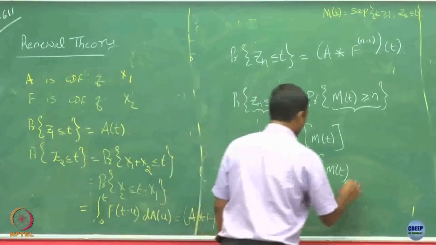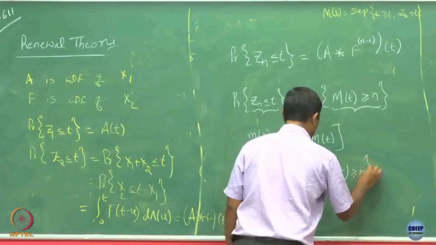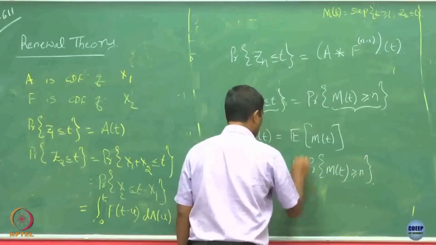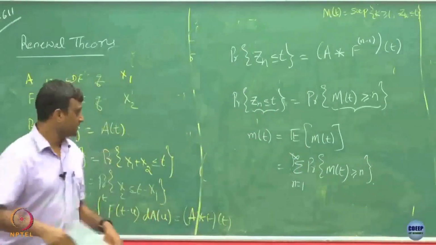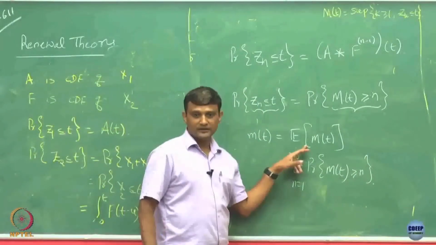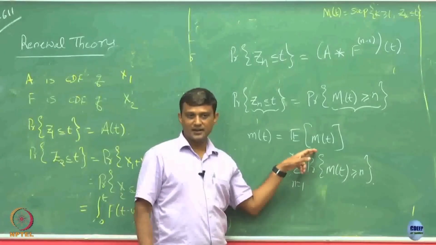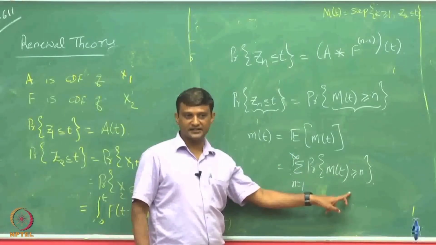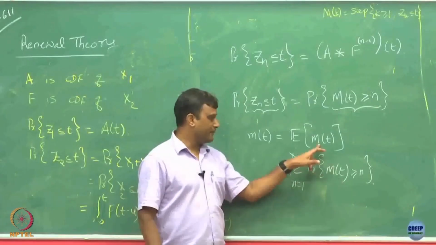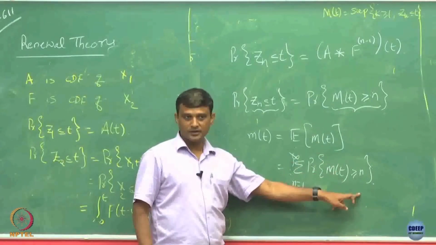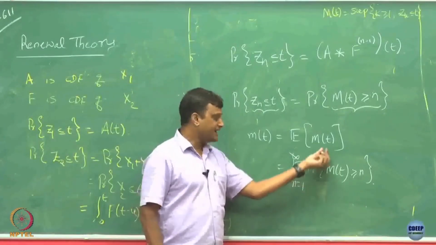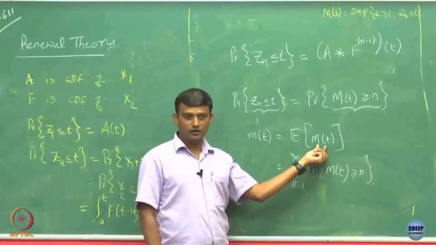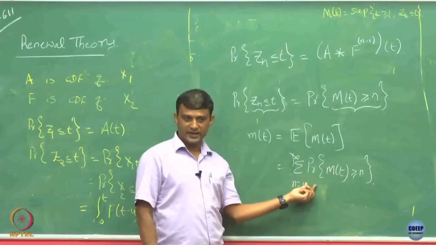So this is going to be the sum of the probability that it is greater than or equal to n, for n equals 1 to infinity. Is this correct? You also know this, right? The expectation of a random variable I can express like this. Here M of t takes discrete valued outcomes, that is why I am writing a summation. Had it been a continuous value, I would have had to replace it by integration.